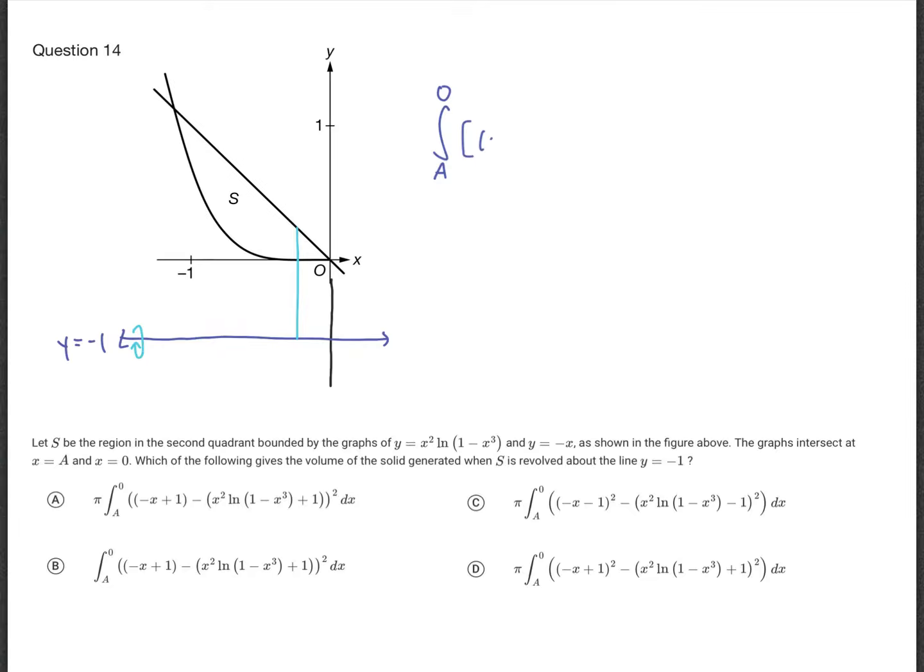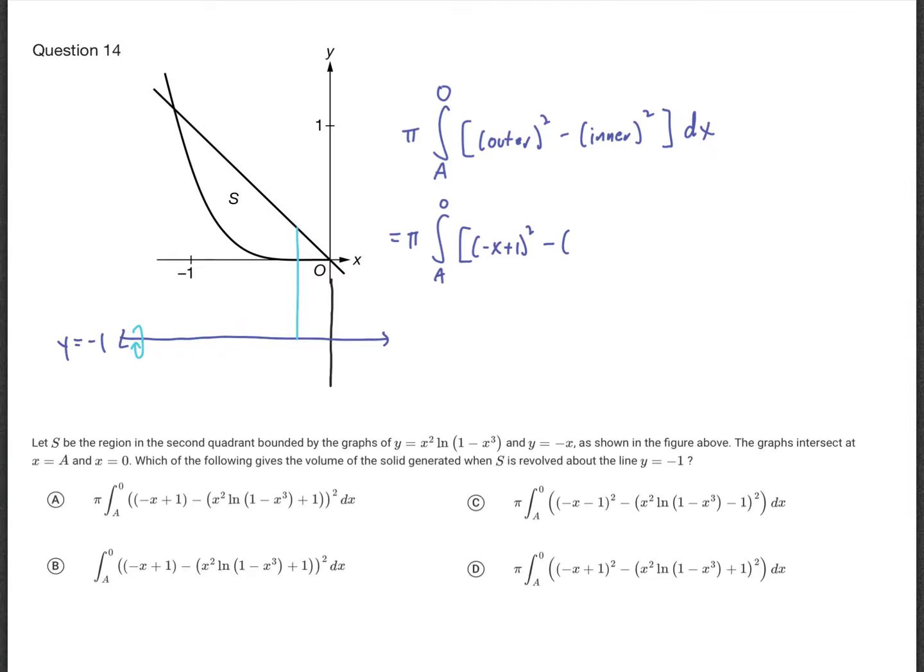Let's do it like this. Outer radius squared minus inner radius squared. This is going to be in terms of x, and we have to have the pi. So we just figured out the outer radius is -x plus 1, squared.